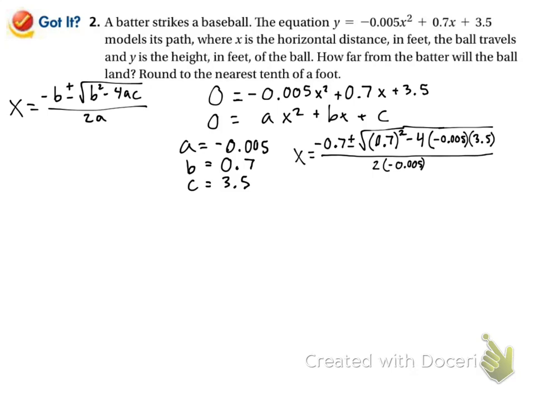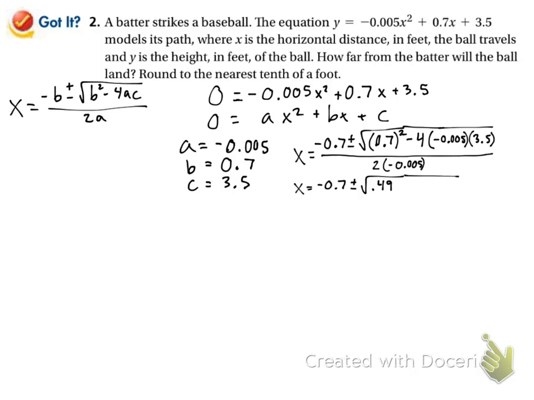Now we simplify. I can't simplify this front part, so it stays the same: negative 0.7 plus or minus the square root. On my calculator, I'm going to do 0.7 squared, which is 0.49.